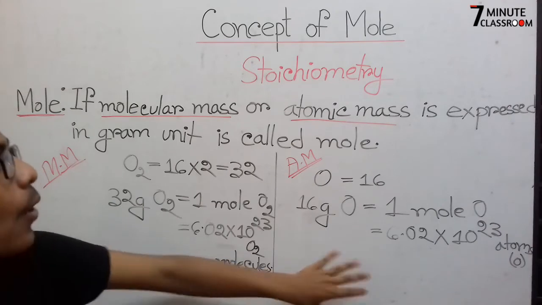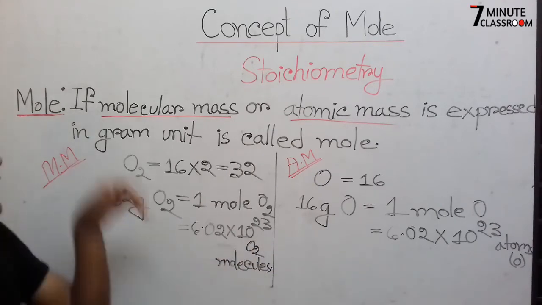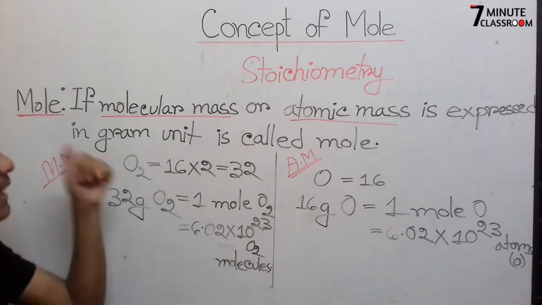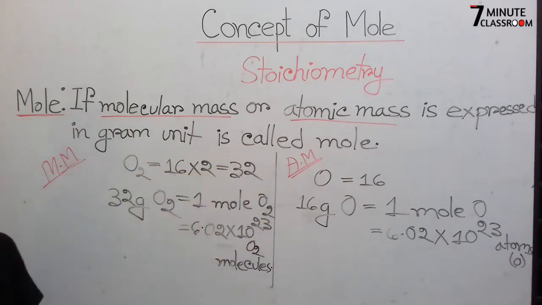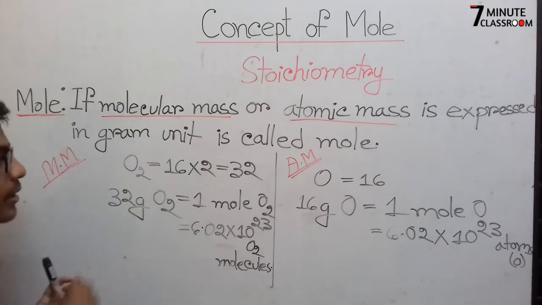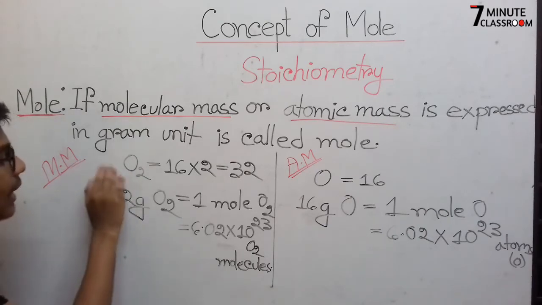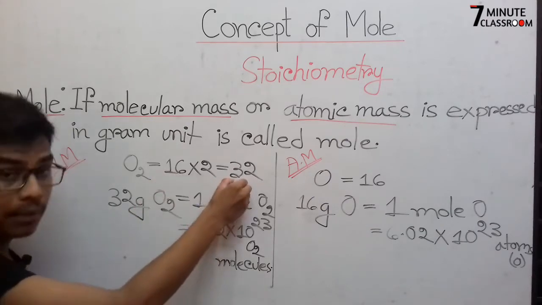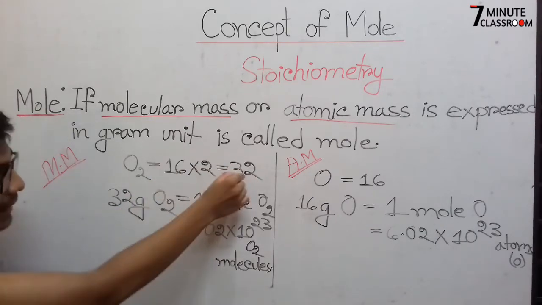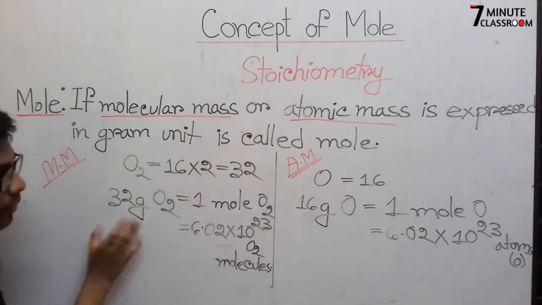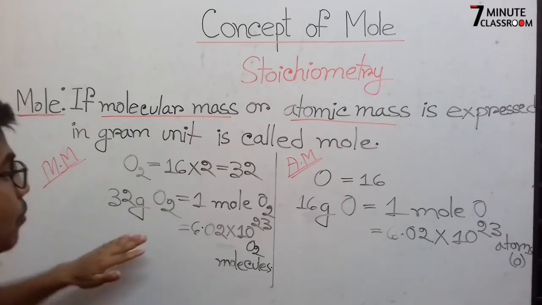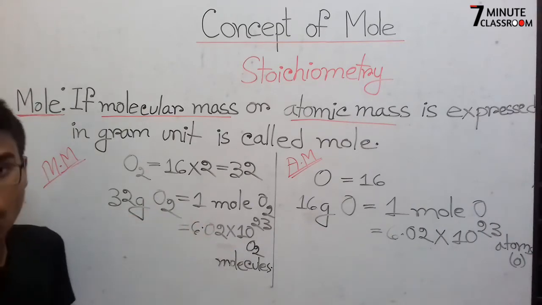So in this way, if molecular mass or atomic mass is expressed in gram unit, it is called mole. In O2, this is a molecule, and the molecular mass equals 32 gram of oxygen, and this 32 gram O2 equals 1 mole of O2.